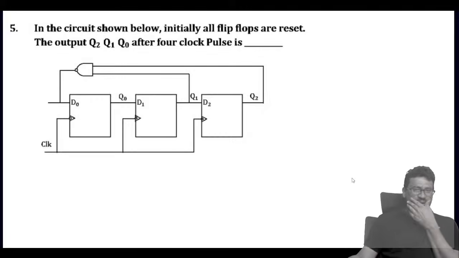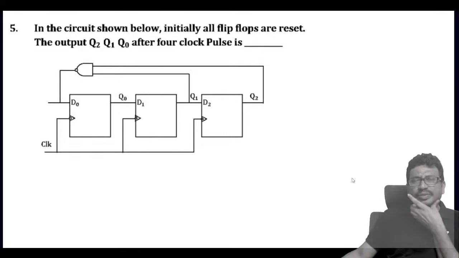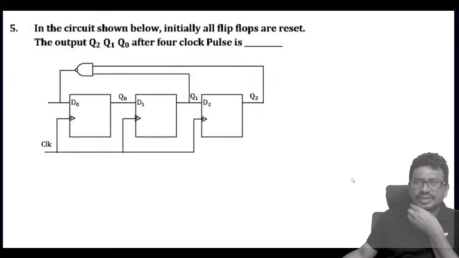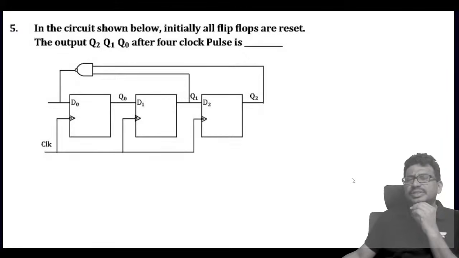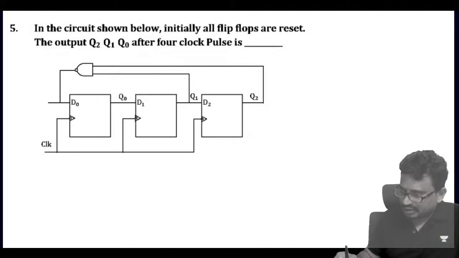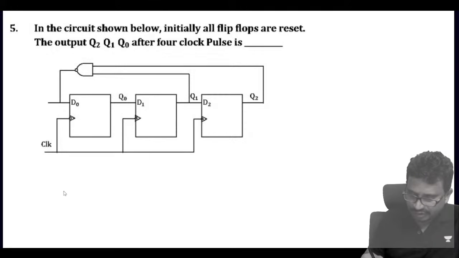Next. In the circuit shown below, initially all the flip-flops are reset. The output Q2, Q1, Q0 after 4 clock pulses is. Here you can see this is the D flip-flops, we can do it based upon the block diagram analysis.